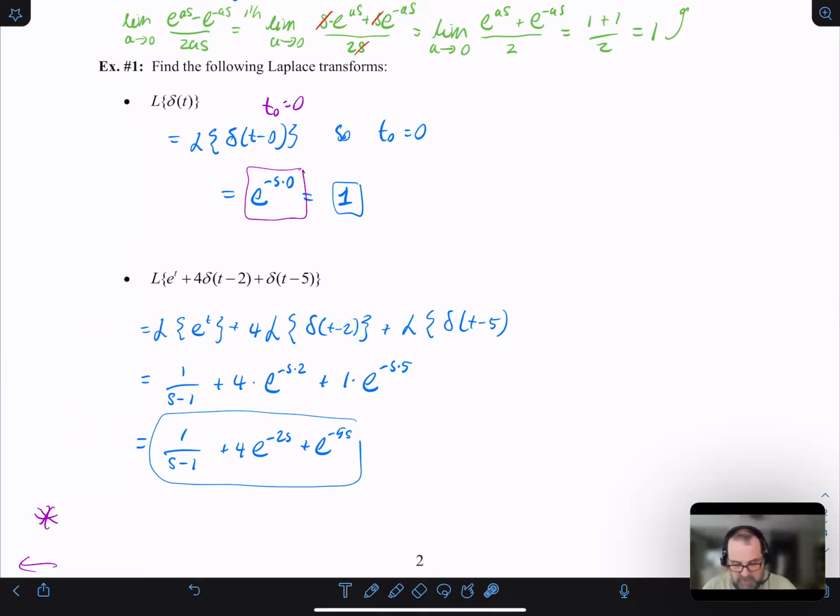So this would be e to the minus s times 2, or e to the minus 2s. And then this one here, Dirac delta function of t minus 5, this would be e to the minus 5s. So we just add those together, and this is what we get. Again, so not actually all that difficult. Here's a little MyOpen math problem to try some of those.